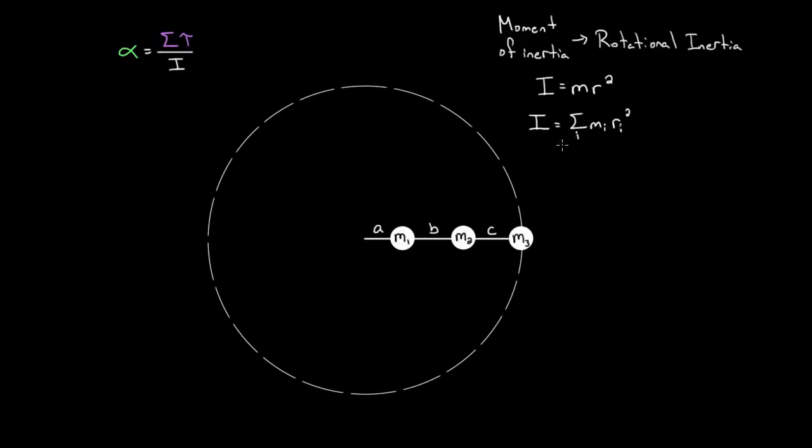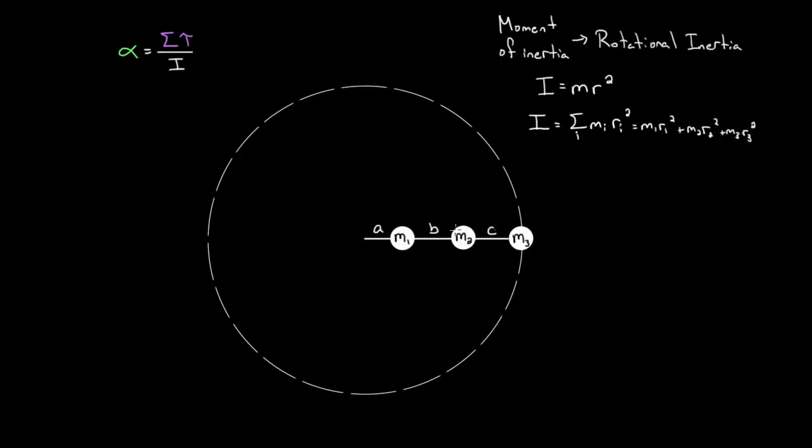But don't let that freak you out. This just really means add them all up. So this would be m1 times r1 squared. So you take the mass 1 times its distance from the axis squared, plus m2 times r2 squared. You take mass 2 times its distance from the axis squared, and then you do the same for m3. And if you had more masses, you would just keep adding them up.